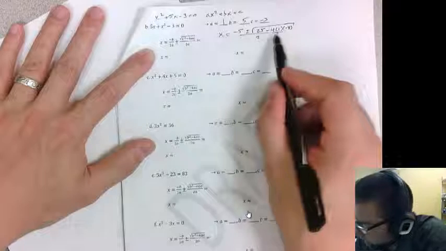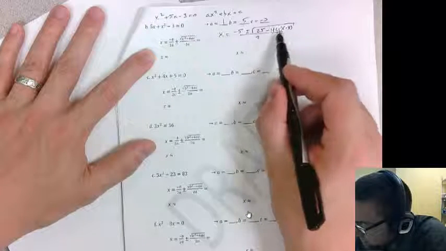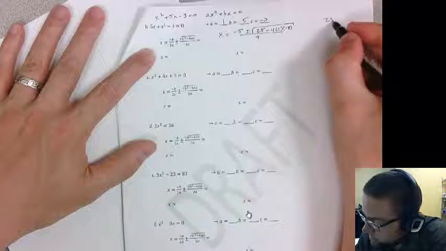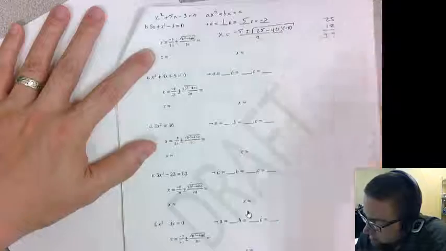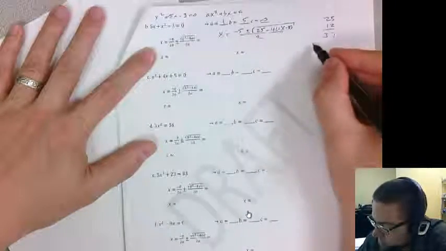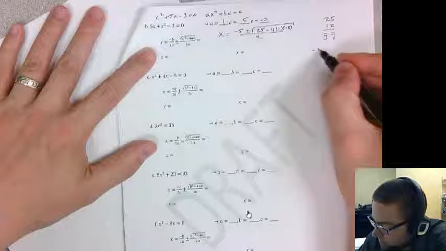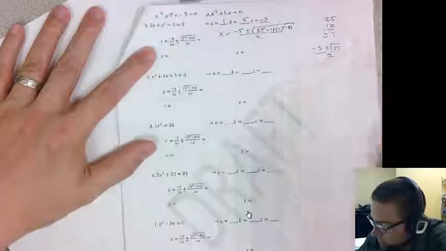Okay, so 25 minus, and this is minus and minus, so this is going to be a positive 12, so 25 plus 12 is 37. So it's the square root of 37. So my answer is going to be negative 5 plus or minus the square root of 37 over 2.